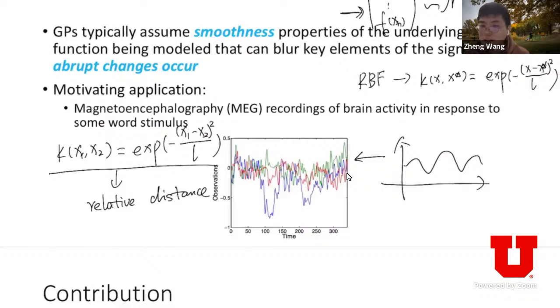But the really most related activities might be extracted from these multiple trials, because there are many other activities in your brain, not only this kind of reaction to the word. I'm not very sure about the brain science.